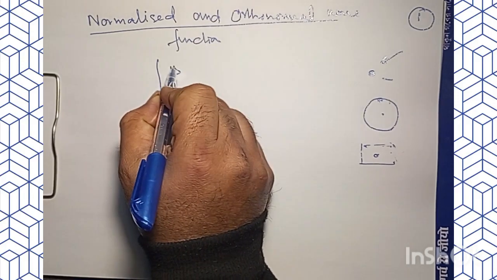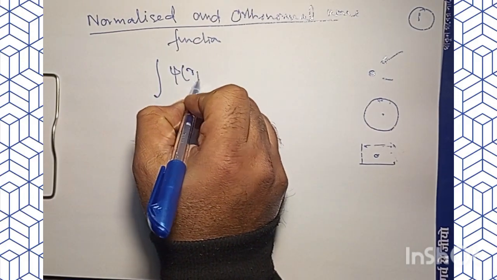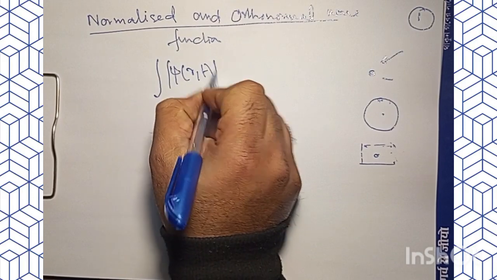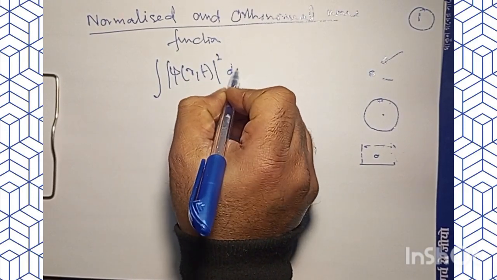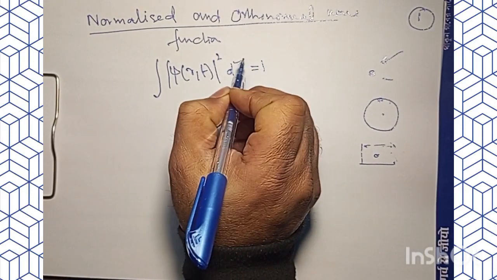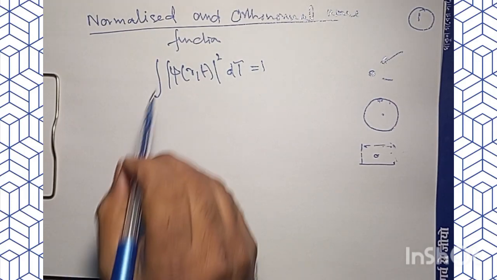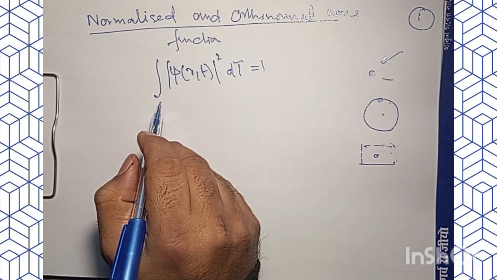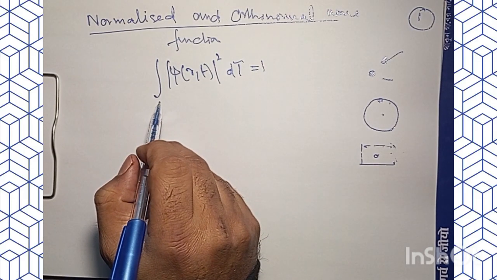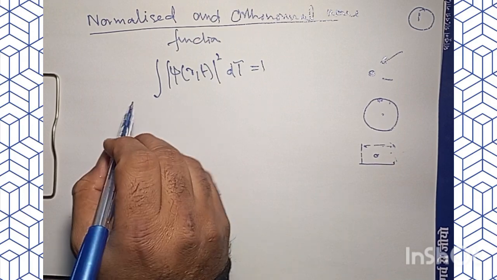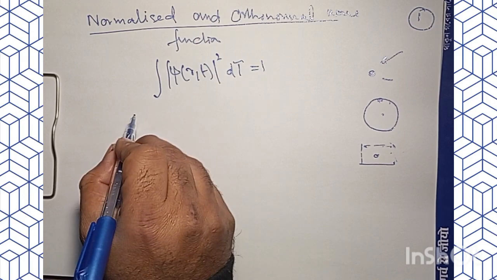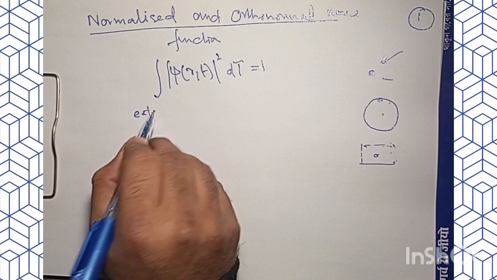the integral of |psi(r,t)|^2 d tau equal to 1, where this integration is extended to all space.